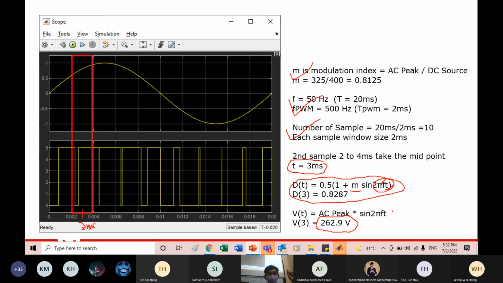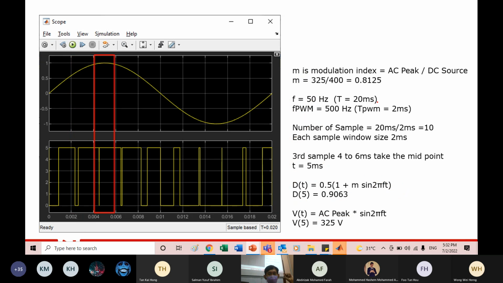Now I move to the third step. First step, same. Second step, same. Third step, same. The fourth is different. So when you do your final question, you don't need to repeat the first three steps because they are the same. You only need to change the sample time: T is equal to 5 milliseconds.